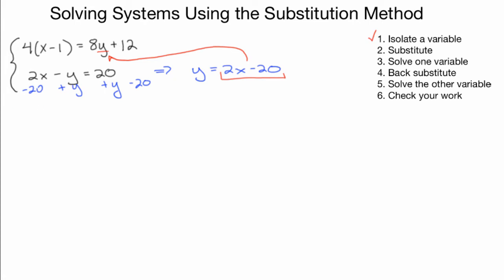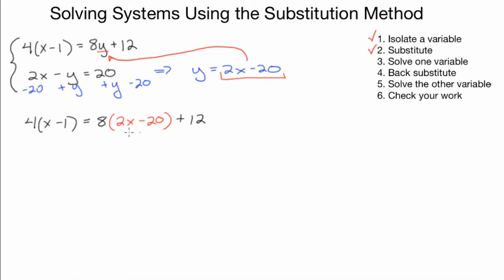So my new equation: I still have 4 times x minus 1 equal to 8, but instead of 8 times y, I substitute 2x minus 20 in place of y. So I have 8 times 2x minus 20, and I still have the plus 12 at the end. We've just substituted my equations together, and now we're ready for step 3.